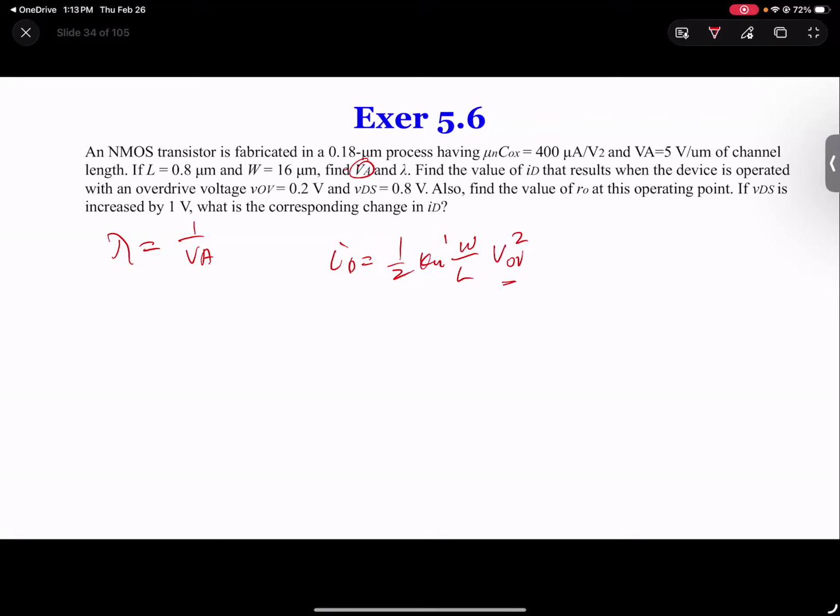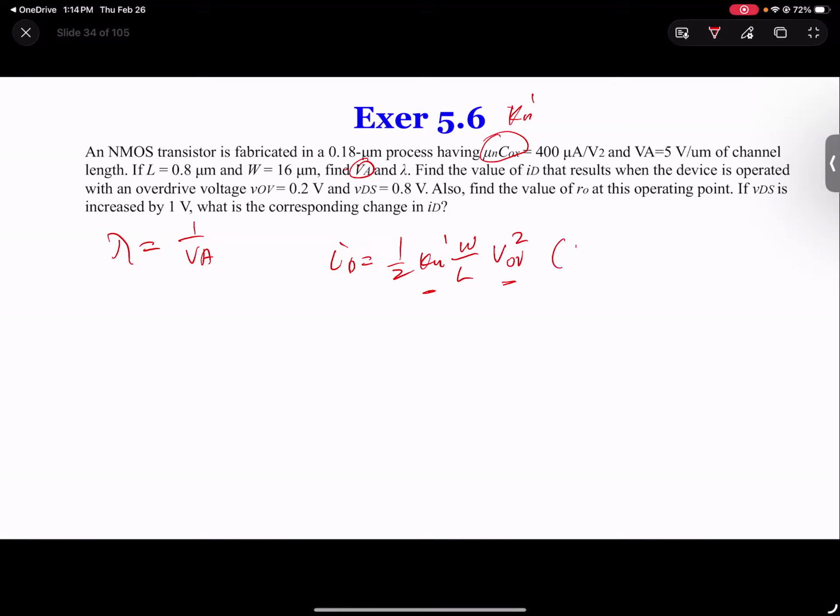If VOV is given, K is given because K is equal to COX times mu. So that's the K. What else? L and W are given, so you find ID.